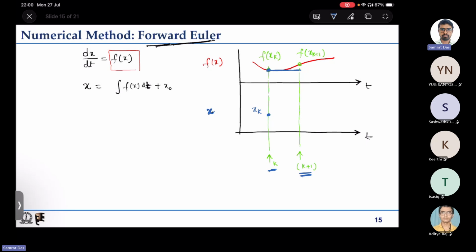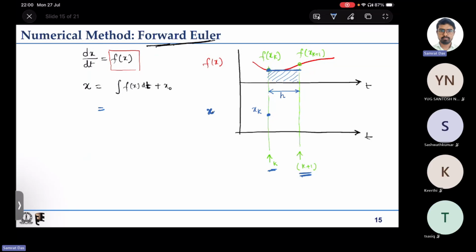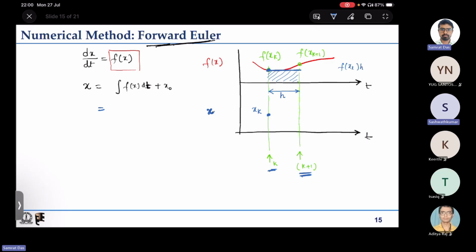using this equation we can simply write, so integration is nothing but whatever is the area enclosed within this. If we assume that the sampling period is h, then the area is nothing but f of xk into h.